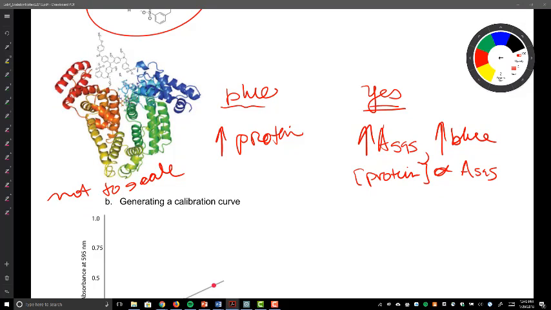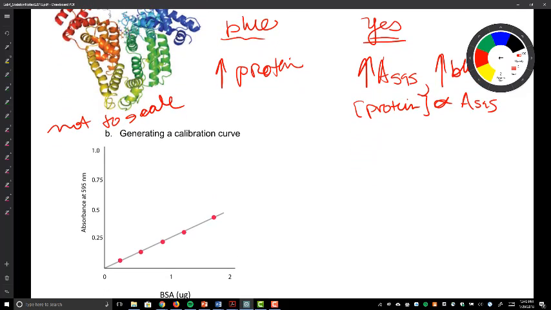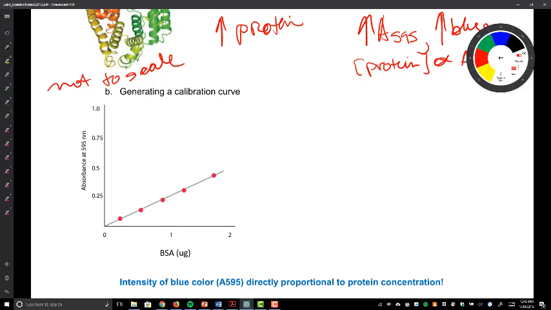And so I'll explain how we exploit that for the purposes of measurements. What we do in order to use a Bradford assay quantitatively is we generate a calibration curve using known amounts of bovine serum albumin, or BSA.